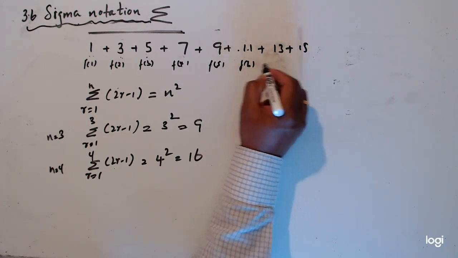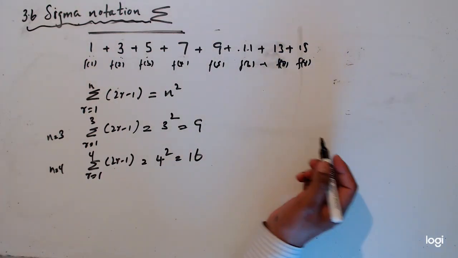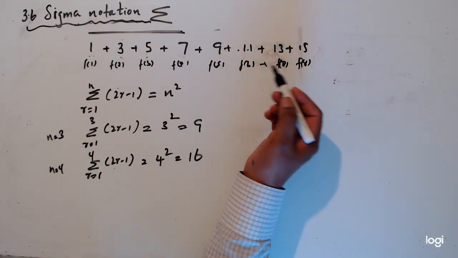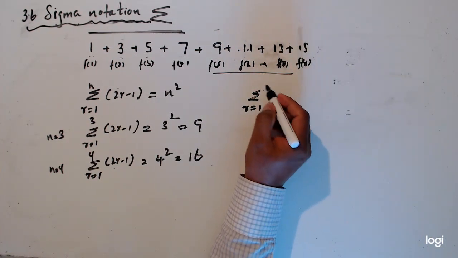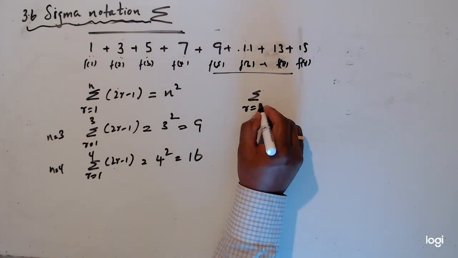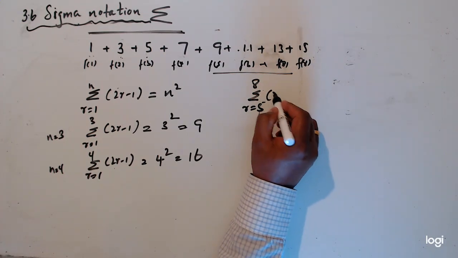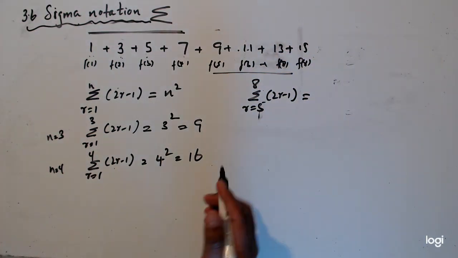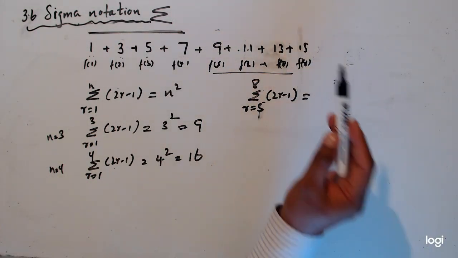So F6, F7, F8. Now I want to find the addition for r equal 5 to 8 of 2r minus 1. So basically 5 to 8, I want to add 9 plus 11 plus 13 plus 15.